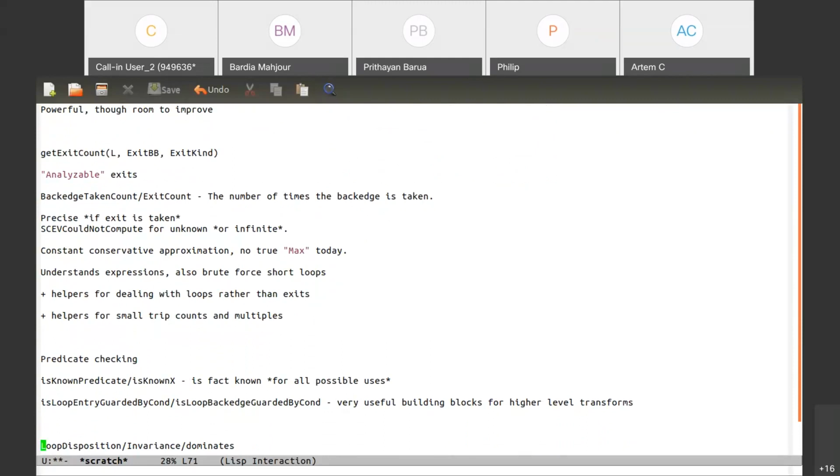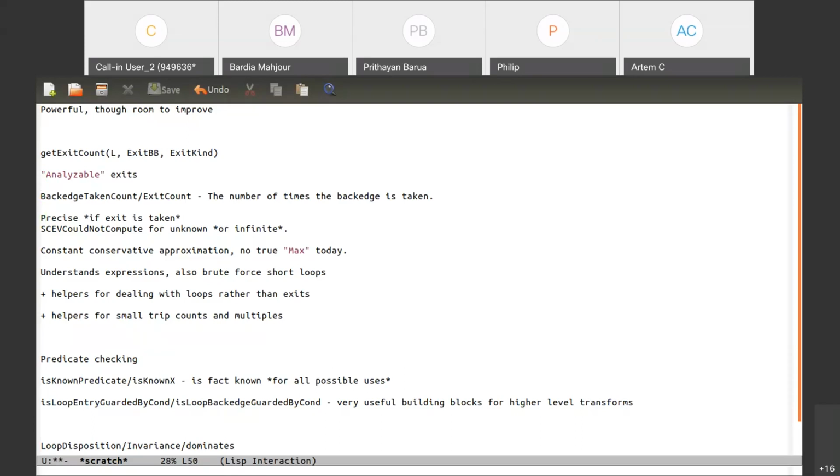The term that I've started using for this is to refer to an exit that SCEV can give me an exit count for as an analyzable exit, and other exits as a non-analyzable exit. That's solely my terminology. It's not something that's standard in any way. An exit count is the number of times the backedge is taken before a particular event occurs.